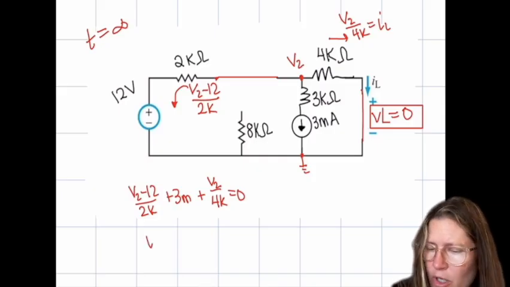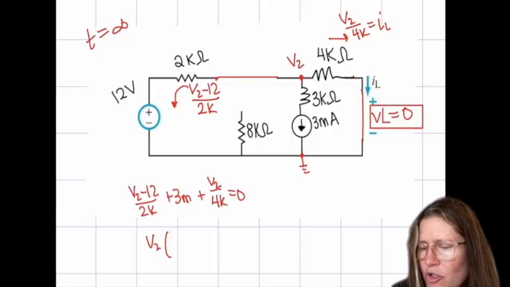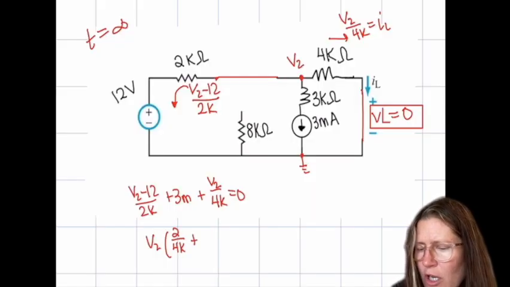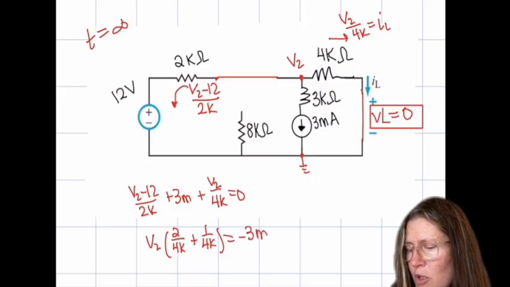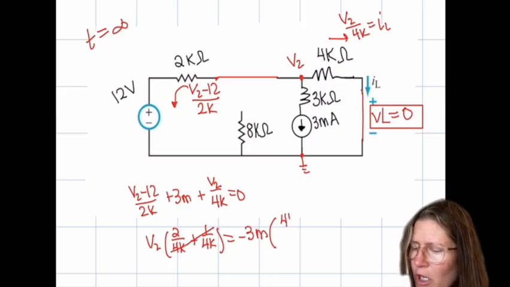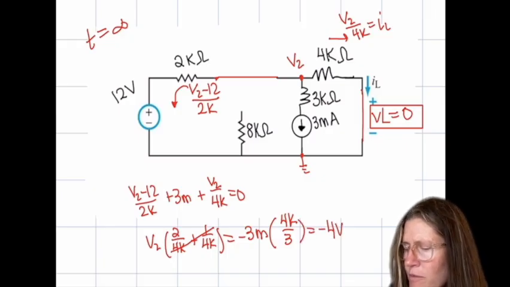And then we combine the like terms, changing that 1 over 2k to 2 over 4k, minus 3 milli, and then we're going to combine this with 4k over 3 to give a minus 4 volts.